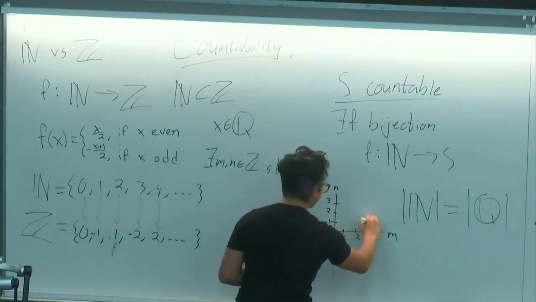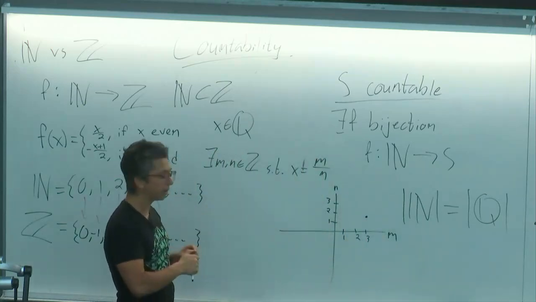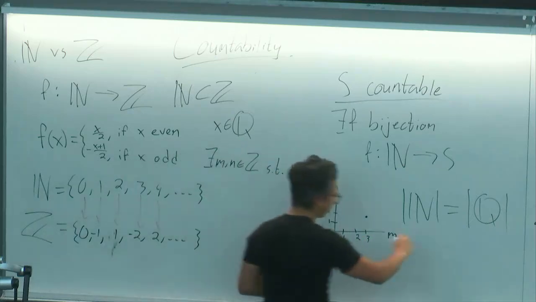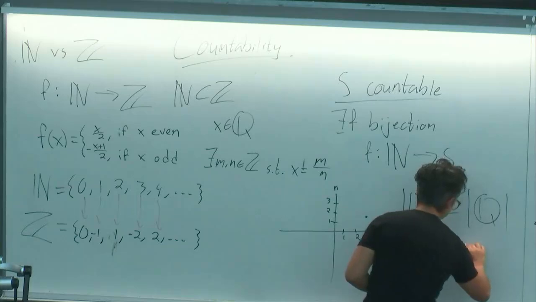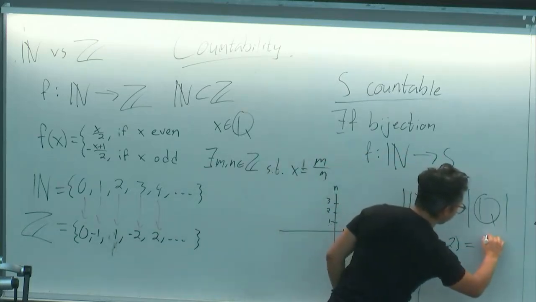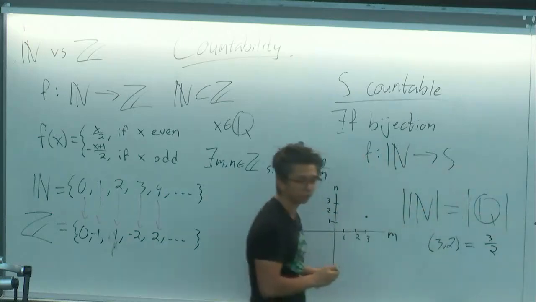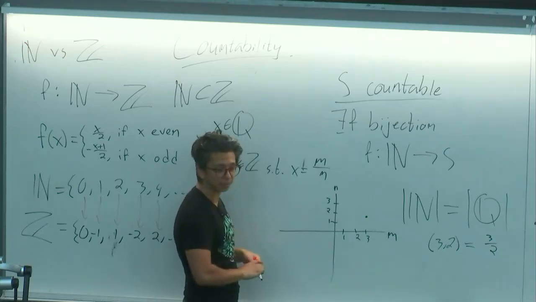If I look at the coordinate 2, 3, what does that correspond to? That is the coordinate 3, 2. If that's my m and that's my n, that means that's 3/2. Right? 3, 2 represents 3/2.